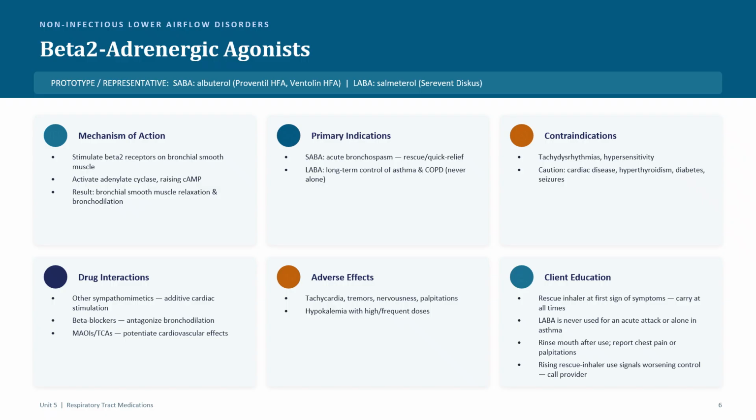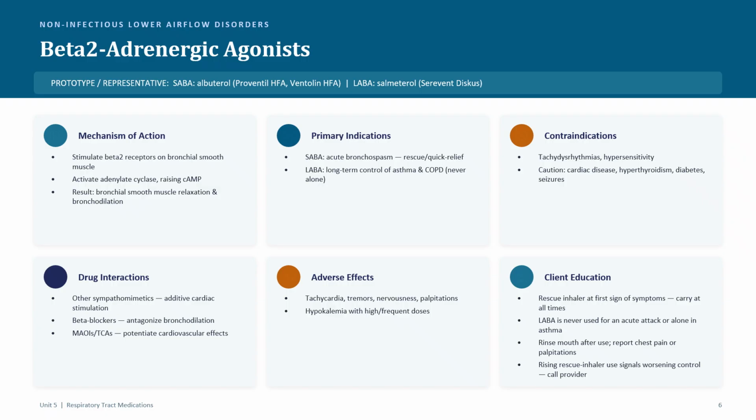So here's where it gets clinically important, and it's the first example in the rescue versus control theme of these medications. So albuterol is a SABA. It's a short-acting beta agonist. And then salmeterol is a LABA. It's a long-acting beta agonist.